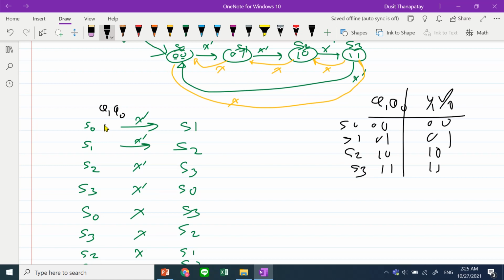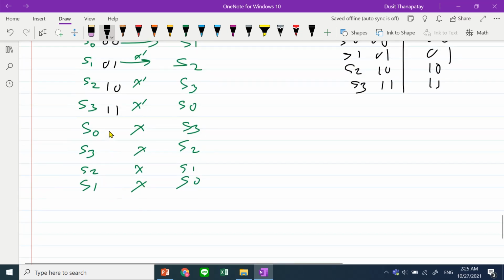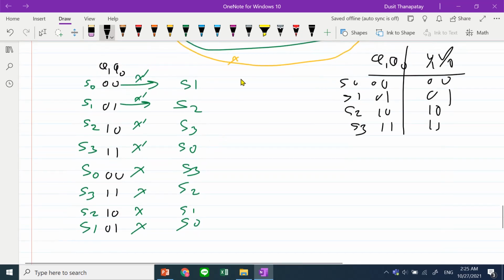So you can write 0, 0 here, 0, 1, 1, 0, 1, 1, and it is S star, the next state, Q1 star, Q0 star.